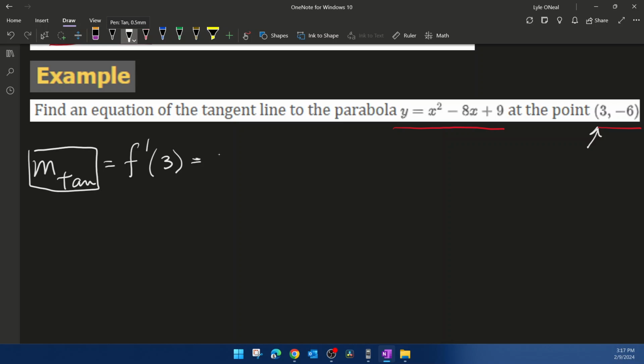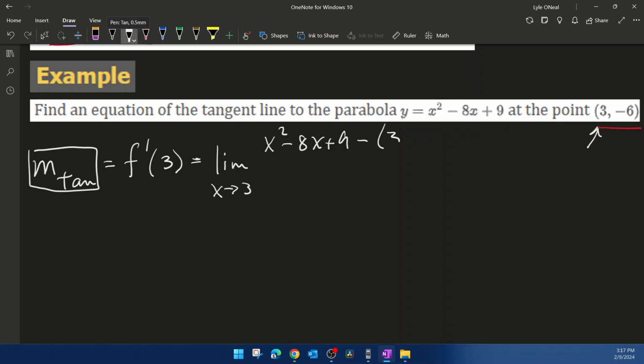Here we go. That is the limit as x approaches 3 of f of x, which is x squared minus 8x plus 9, minus f of a, which says plug in 3 into all of those x's.